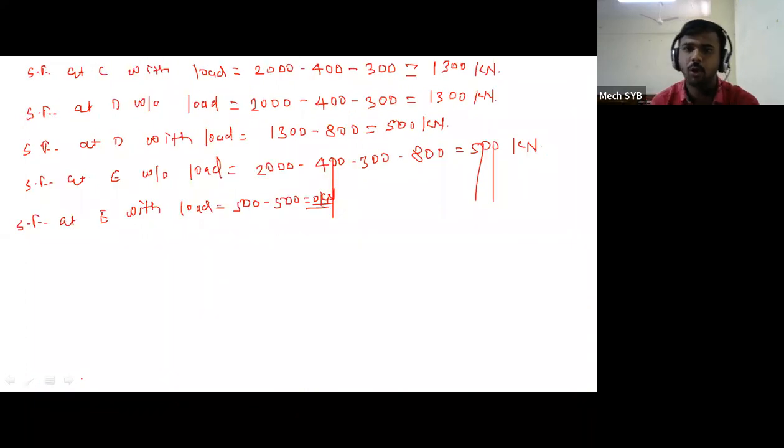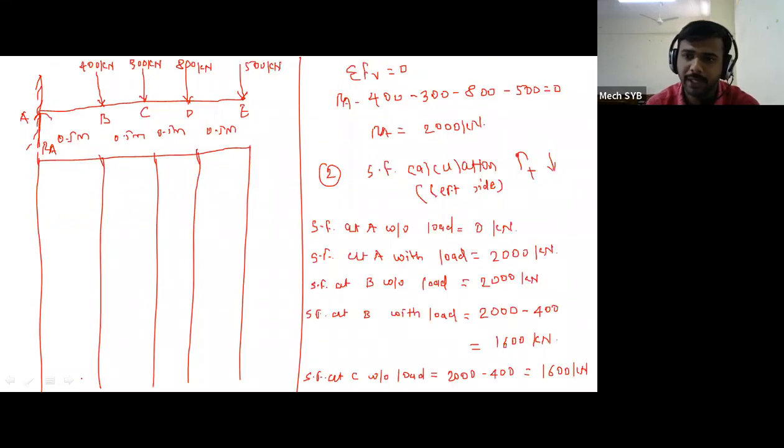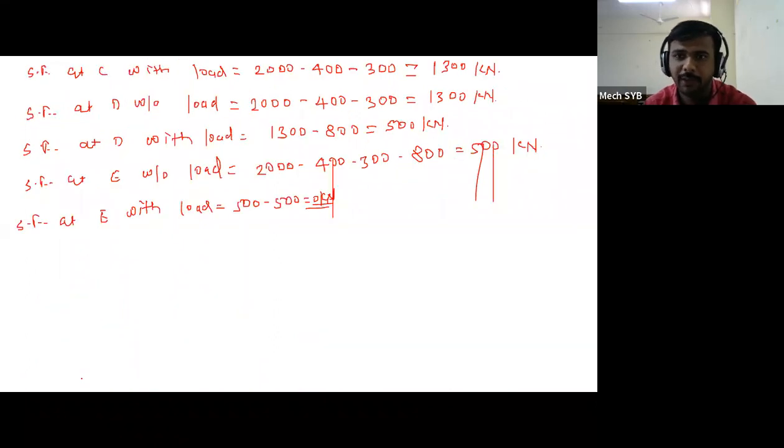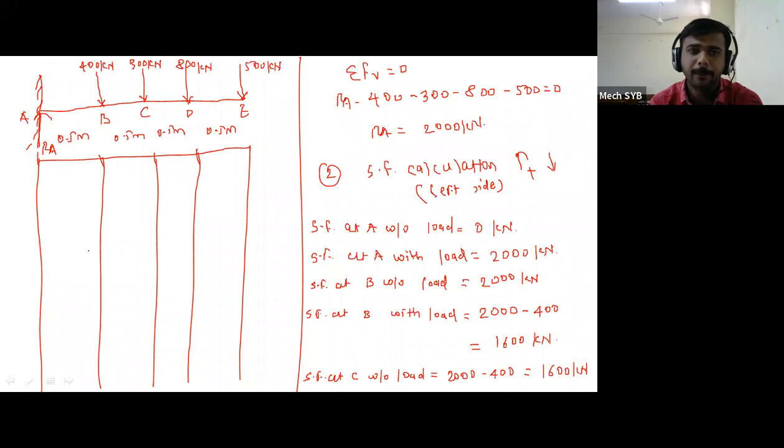If you look at all the values, the shear force value at each and every point, all the values are positive, that is SF at point A 0, then at point A without load 2000, at point B again values are 0, at point C again values are positive, at point D again values are positive. That means your SF diagram will be in positive region. So point A, B, C, D and E.